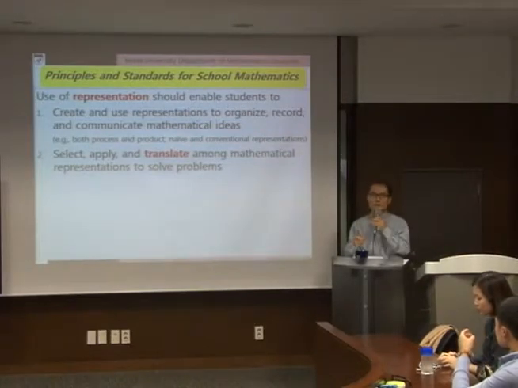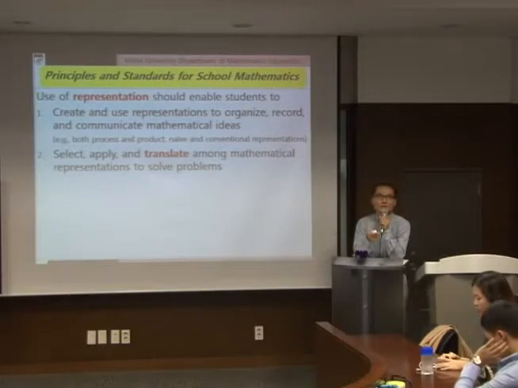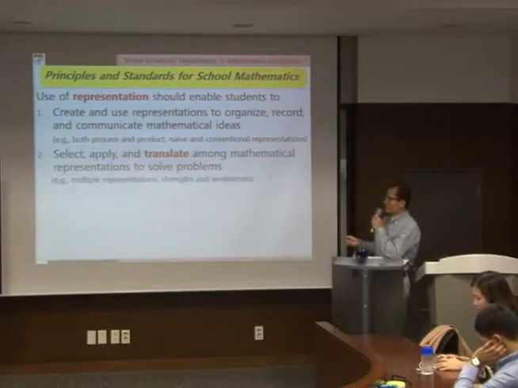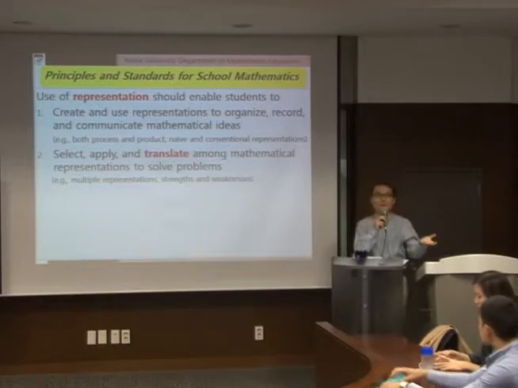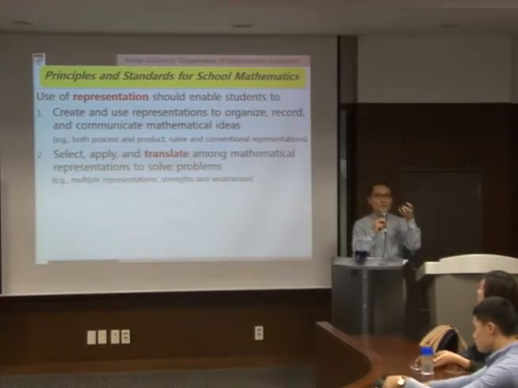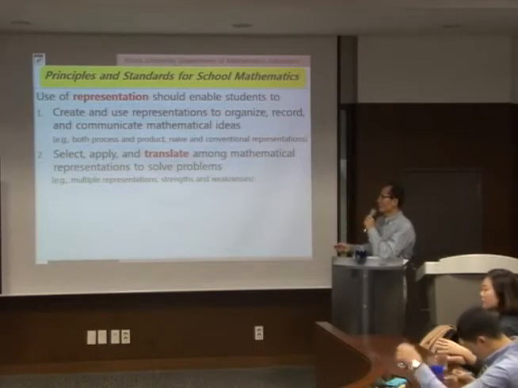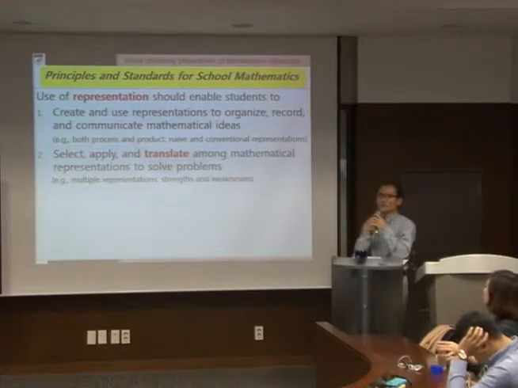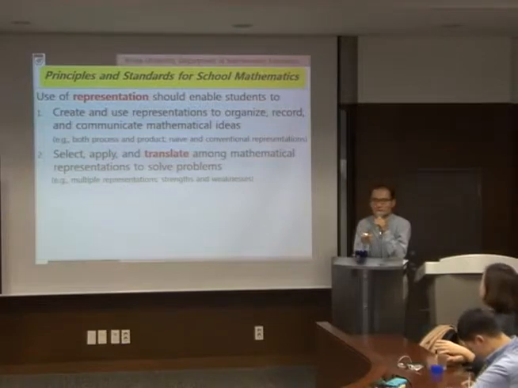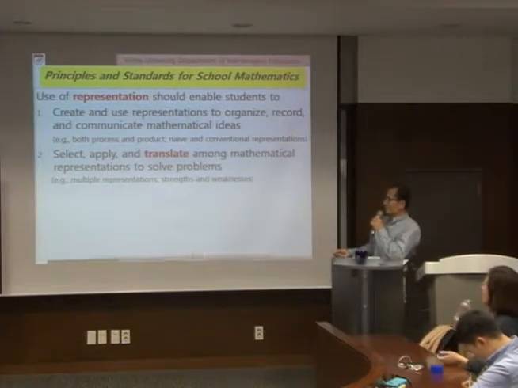So translation is the key word in this statement. So multiple representations should be developed, right, before developing any translation between two representations. Also, strength and weakness should be considered in this statement.